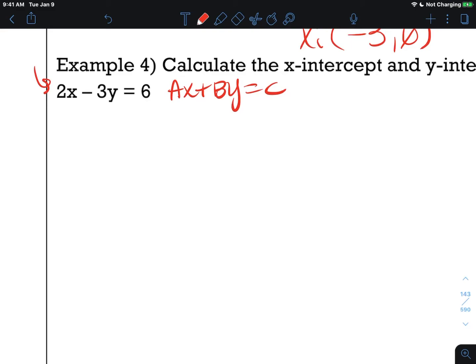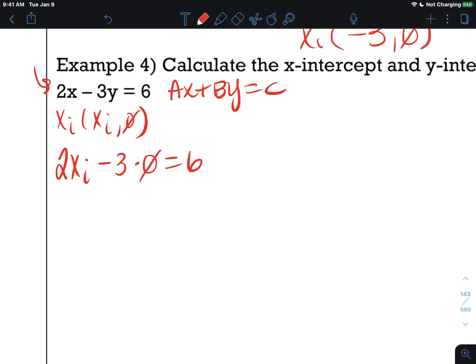So first thing I'm going to do is say, all right, let's find this x-intercept, this guy. Everywhere I see an x, I'm going to change it to x sub i. Everywhere I see a y, I'm going to change it to a 0. 2 times my x-intercept minus 3 times 0 equals 6. Okay, so these guys just cancel out. That's 2 times x-intercept is equal to 6. I'm going to divide by 2.